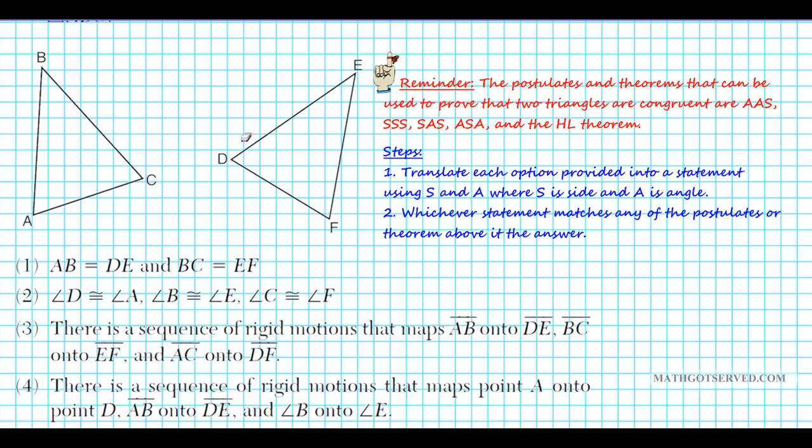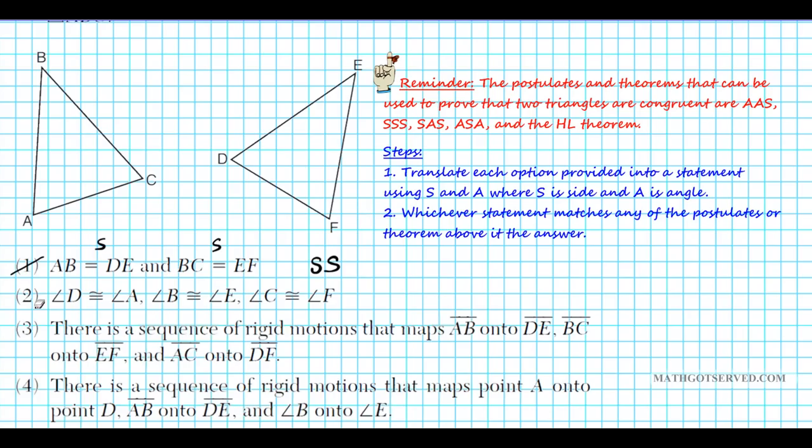AB is equal to DE, BC is equal to EF. What is that? That is the first statement side, second statement side. This is SS. Is SS sufficient to prove that two triangles are congruent? Absolutely not. We need three sides, SSS, okay?